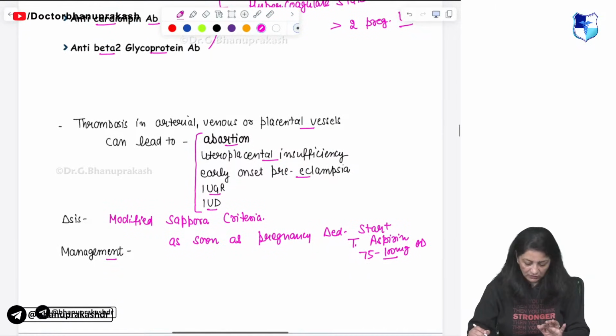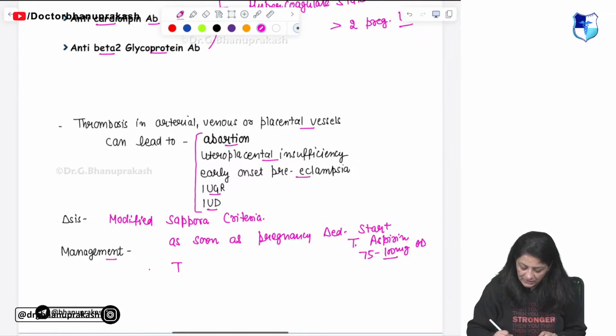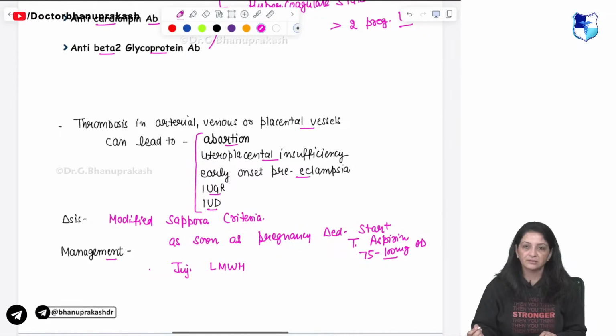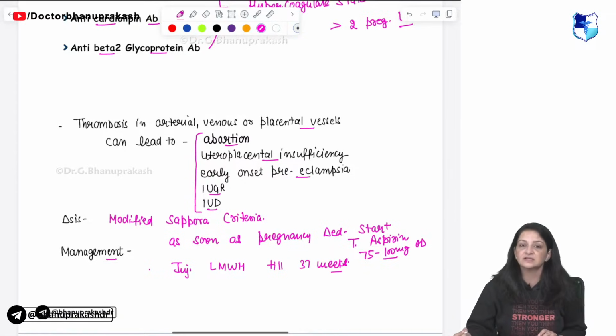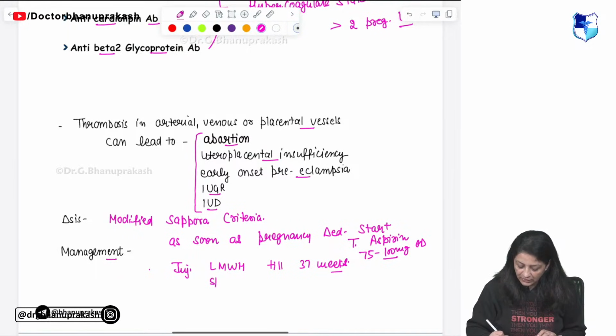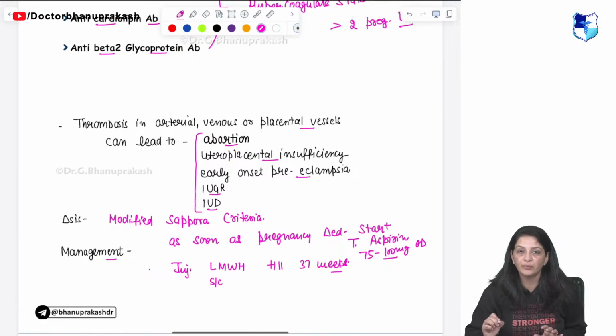Then injection low molecular weight heparin till 37 weeks of gestation. We have to give this injection subcutaneously daily till 37 weeks of pregnancy.